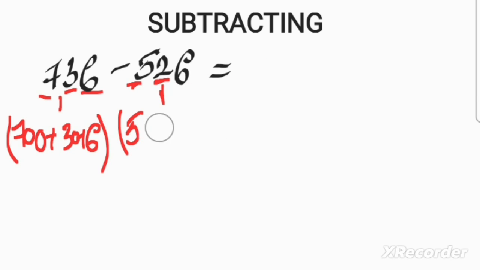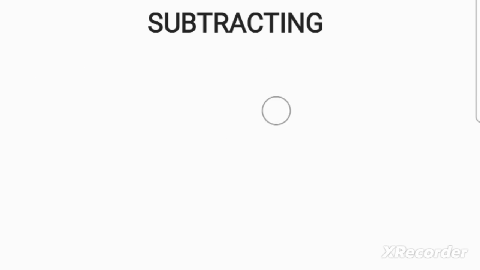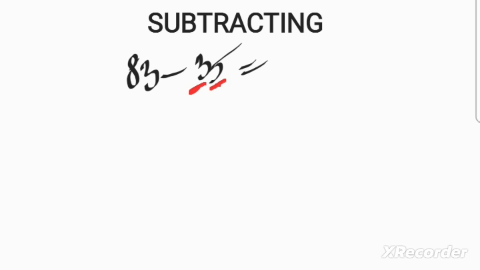Let's take another example now. 83 minus 35 equals what? The same here, we have units digits and tens digits. What are we going to do?